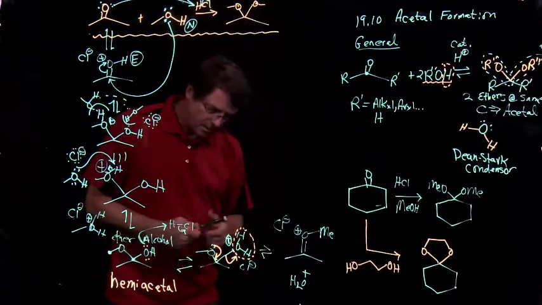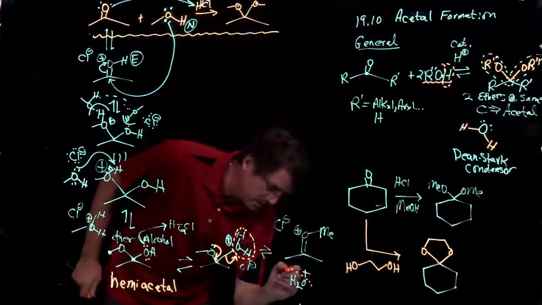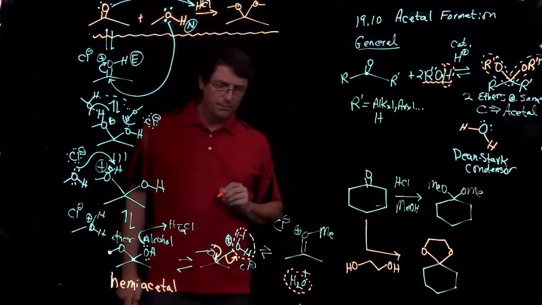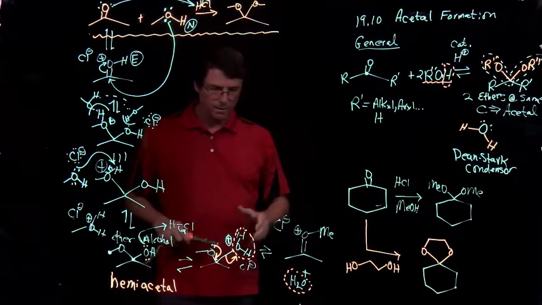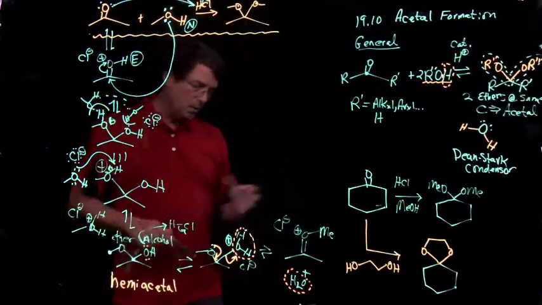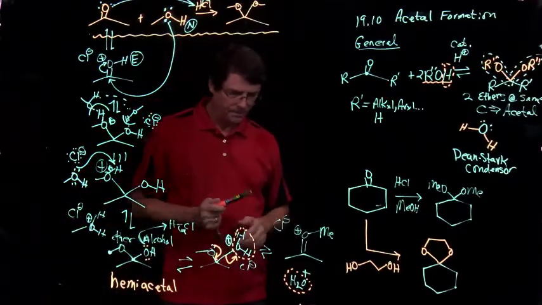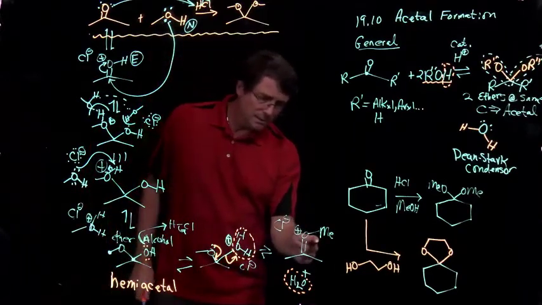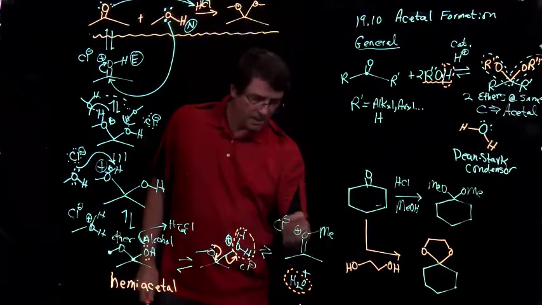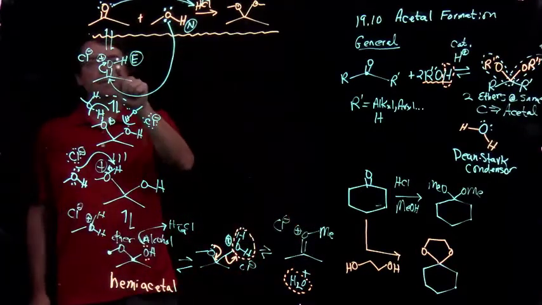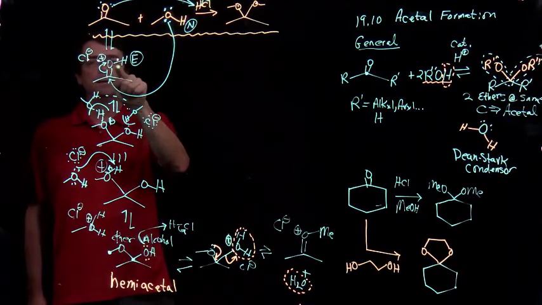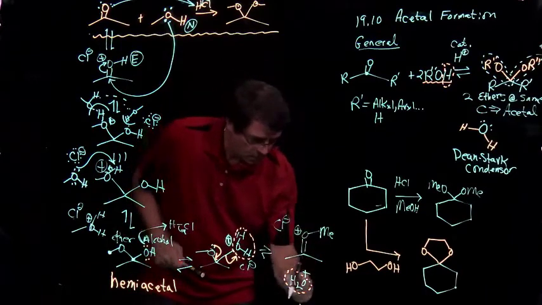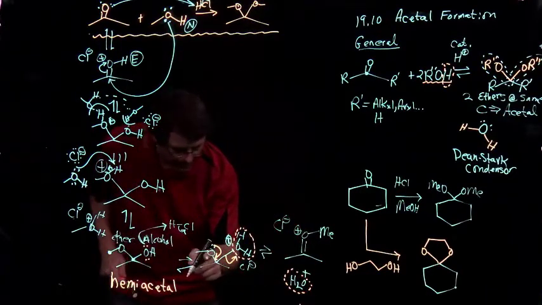Now, here's our water molecule. Remember we said we were going to lose a water molecule? There it is. And that's the water molecule that we need to remove to shift the equilibrium that we can do with a solid drying agent or with a Dean Stark condenser. Okay, so we've now got a new electrophile. And do you see the relationship between this methylated oxonium ion and the protonated oxonium ion we had up here? Those are both really good electrophiles. And so, of course, water can re-add, and we just go back here.